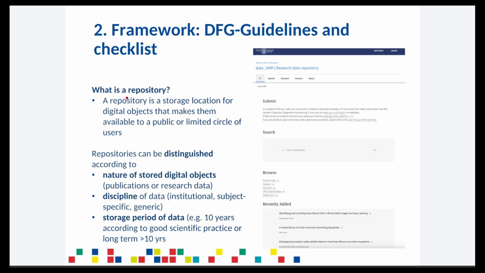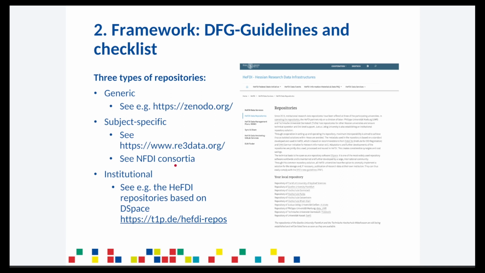Well, going back to the repositories, I already said there are 3 types of repositories. There are generic ones, and Zenodo is very well known as a generic repository to publish data.